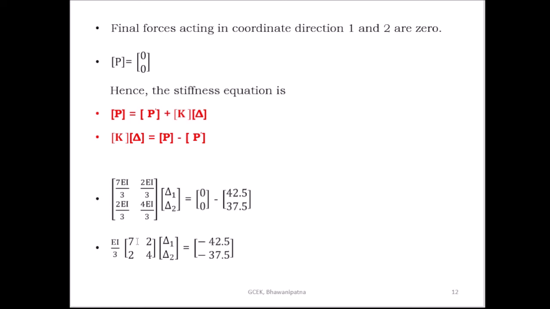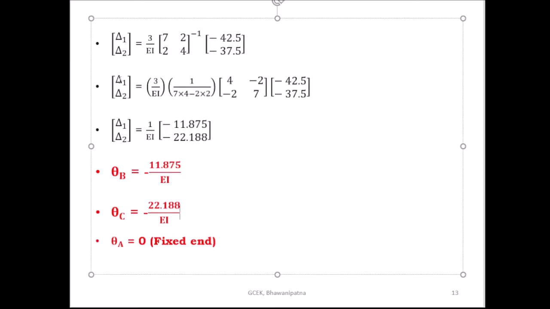Then simplify this expression. After taking the common EI by 3, the matrix [7 2; 2 4] times delta 1, delta 2 is equal to [minus 42.5; minus 37.5]. So delta 1, delta 2 is equal to 3 by EI, the inverse of the stiffness matrix, times [minus 42.5; minus 37.5].